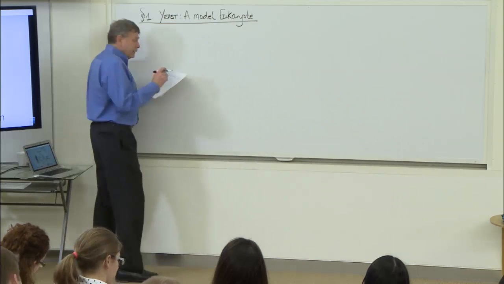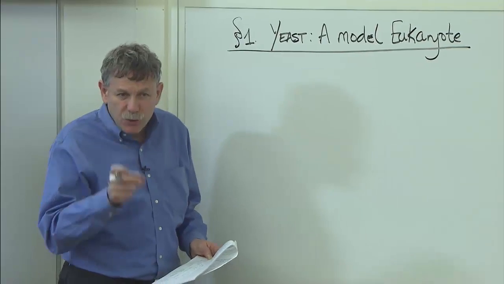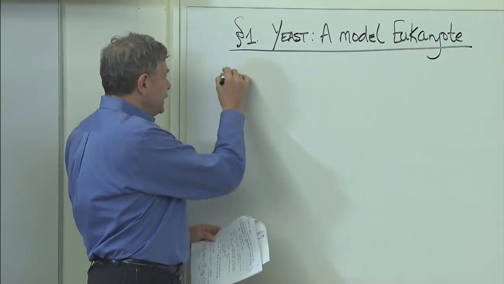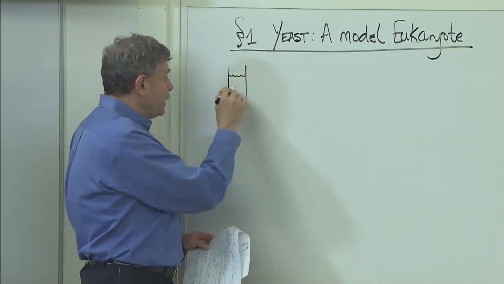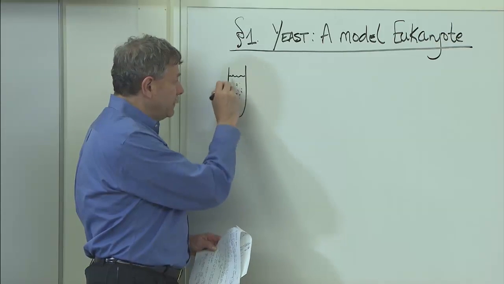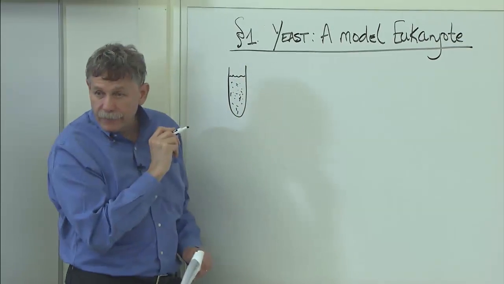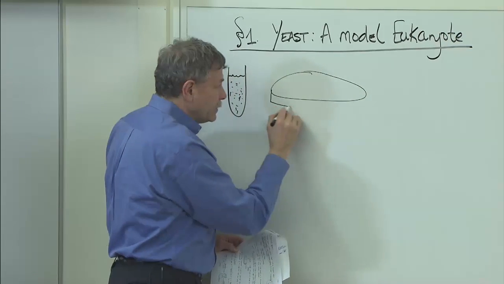So, yeast. If I grow up a test tube of yeast, here's my test tube of yeast. So I'm going to have some liquid medium here. I'm going to inoculate a little bit of yeast that'll grow up. Lots of yeast cells in there. Then I'm going to take a Petri plate.